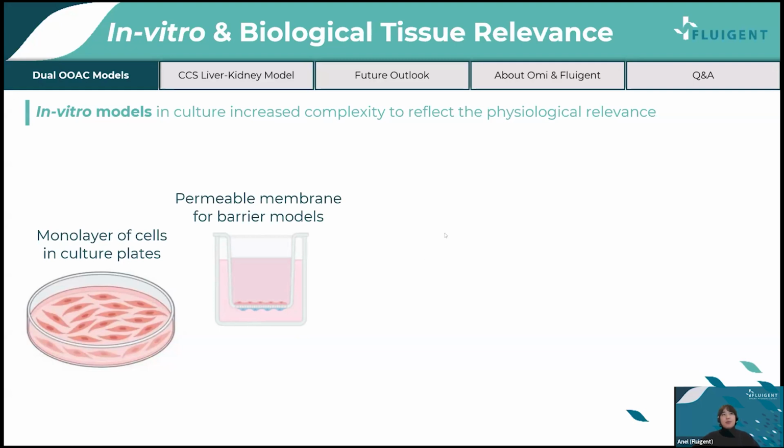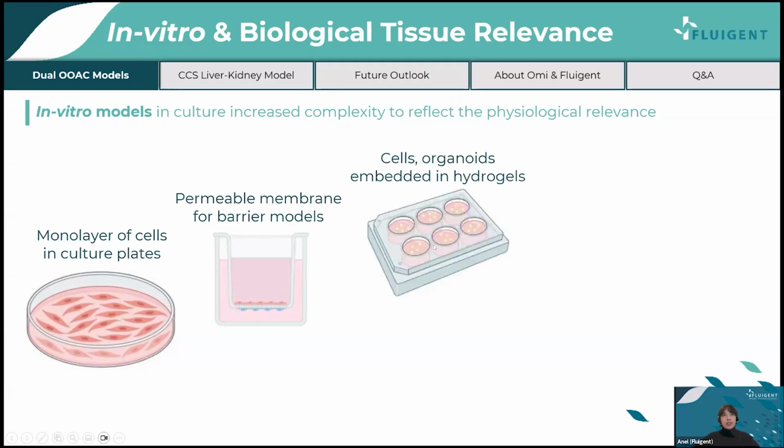One step further in complexity, there come 3D structures embedded in hydrogels, which could be tumoroids, spheroids, or organoids. Here, the extracellular matrix composition, stiffness, and permeability of the ECM significantly influence tissue function or tissue representation.